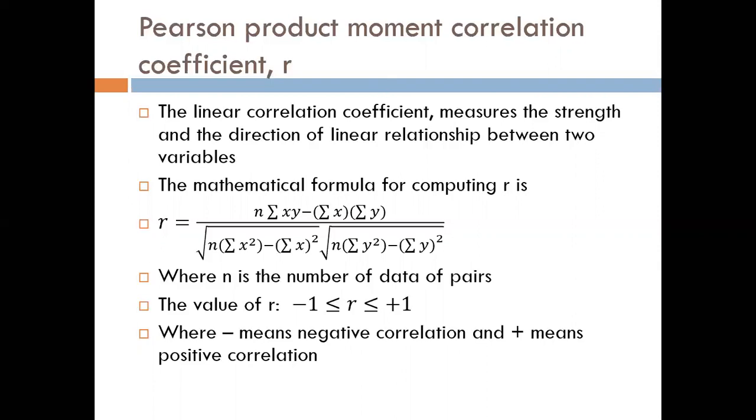So we are saying that the linear correlation coefficient measures the strength and the direction of the linear relationship between the two variables. Okay, good.